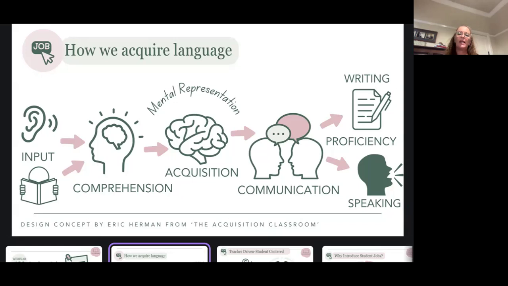The mental representations are the mental structures that store and organise the knowledge about the language. So as learners are exposed to more and more comprehensible input, their brains create and refine these representations, helping them understand and process the language more effectively over time.